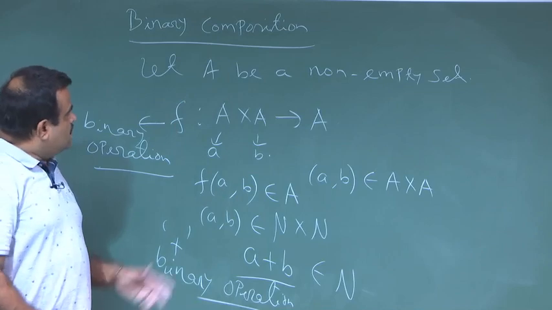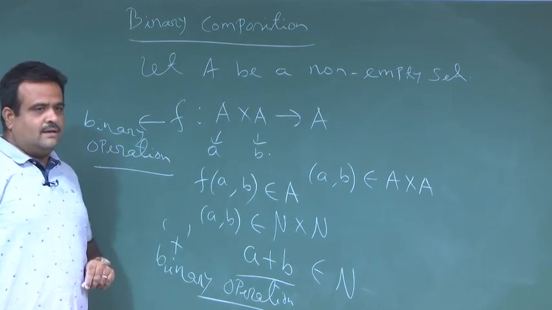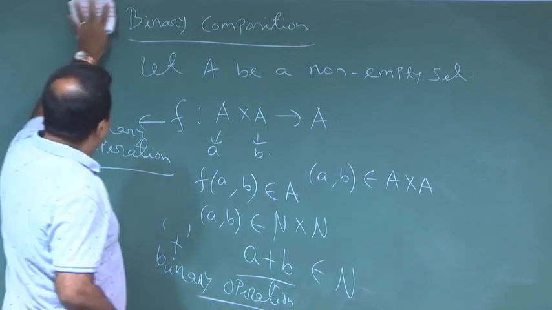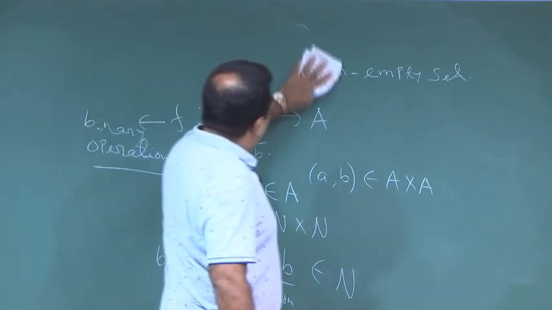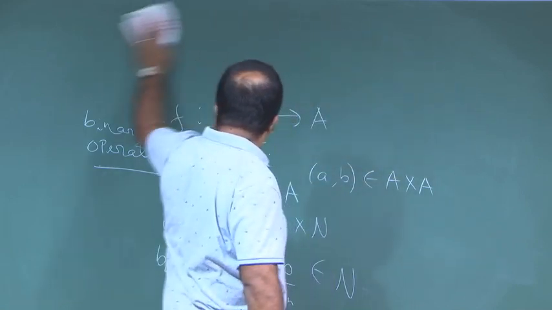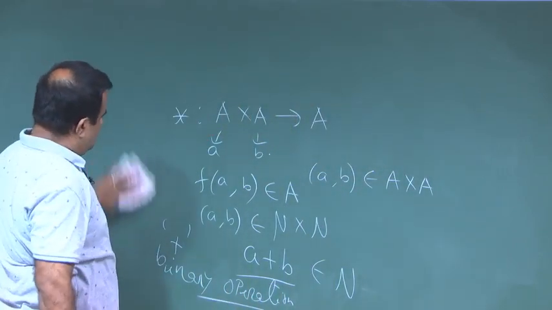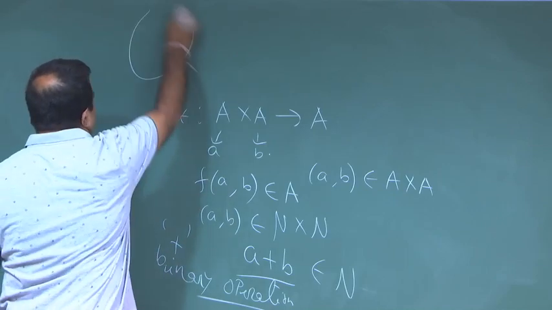Now, this is on a set A. We take two elements from A and compose them with the operator f, or in general we denote it by star.